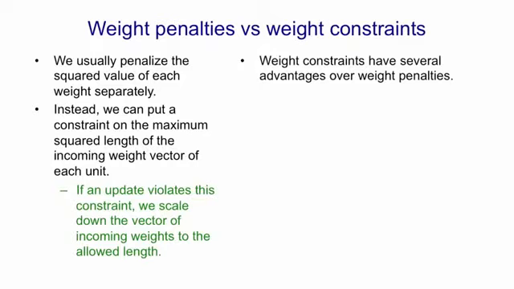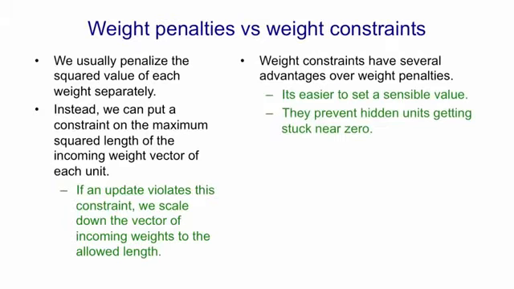Using weight constraints like this has a number of advantages over weight penalties, and I found they work noticeably better. It's much easier to select a sensible value for the squared length of the incoming weight vector than it is to select a weight penalty. That's because logistic units have a natural scale to them, so we know what a weight of 1 means.